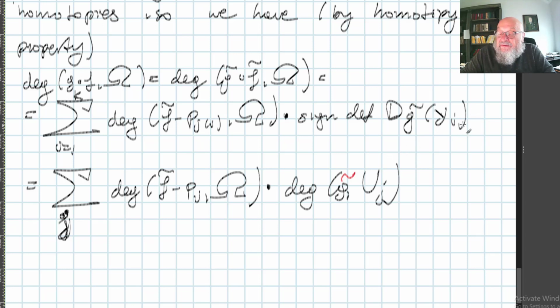This is equal to the degree on components. In this case, of course, for each such component, we are getting the degree of the particular reduced map, reduced by this above homotopy map f minus pj. So now again by the homotopy property we can go back and rewrite it down.